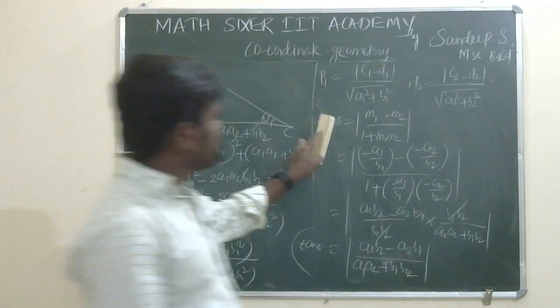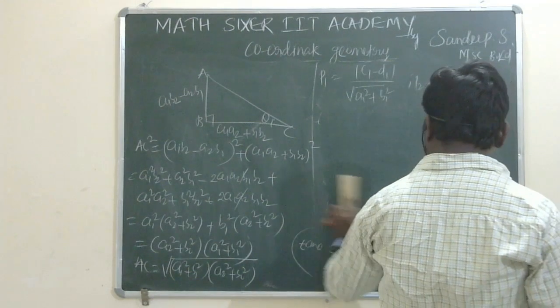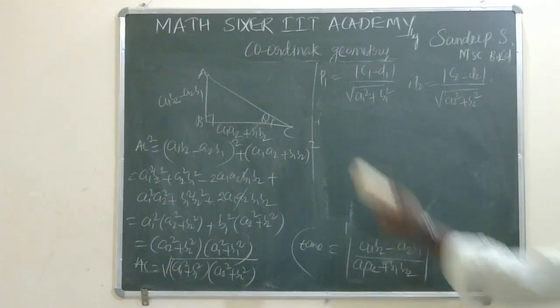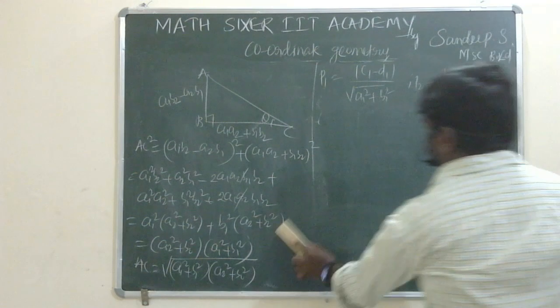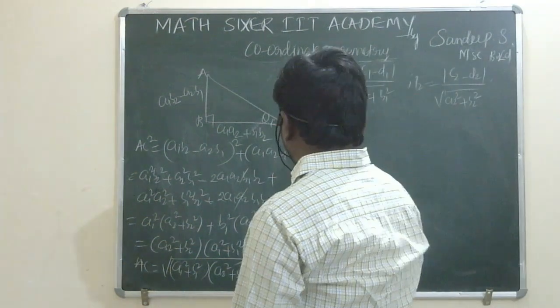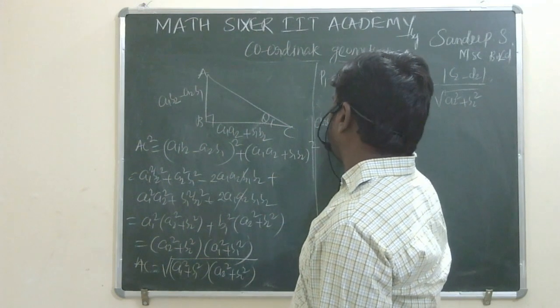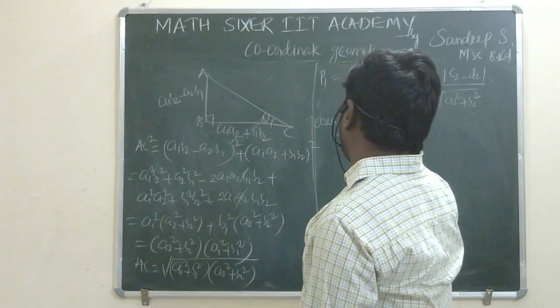So here these are the values of P1 P2 that we want, and even the tan theta value we want, because we want to know the opposite side. So area of parallelogram is equal to what?